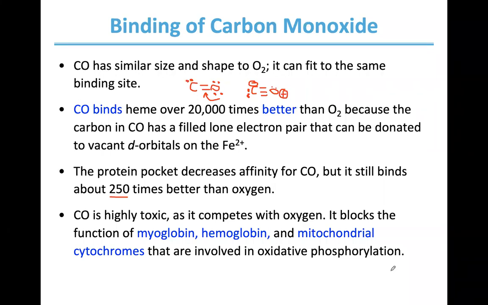When the firefighters put out the fire, whatever has not burned completely has not produced carbon dioxide. It has produced carbon monoxide. So at the end, when the fire is being put out, there's a lot of carbon monoxide being produced, and you basically die. All your iron in your hemes throughout the body, in myoglobin, hemoglobin, and mitochondrial cytochromes, will be occupied with carbon monoxide.